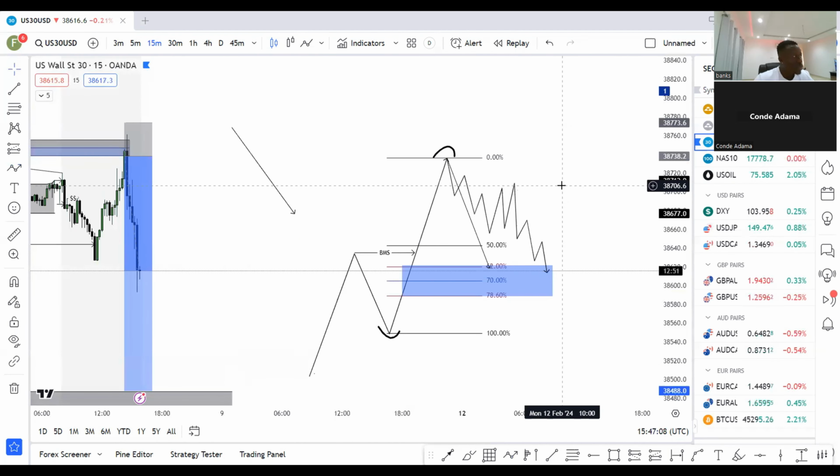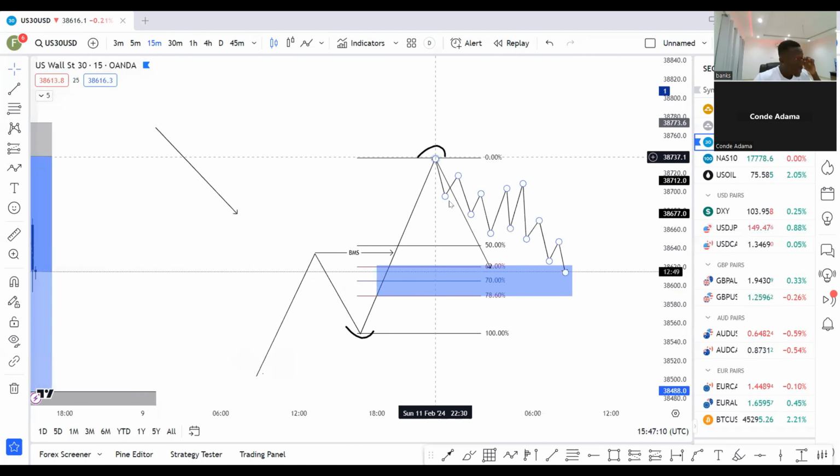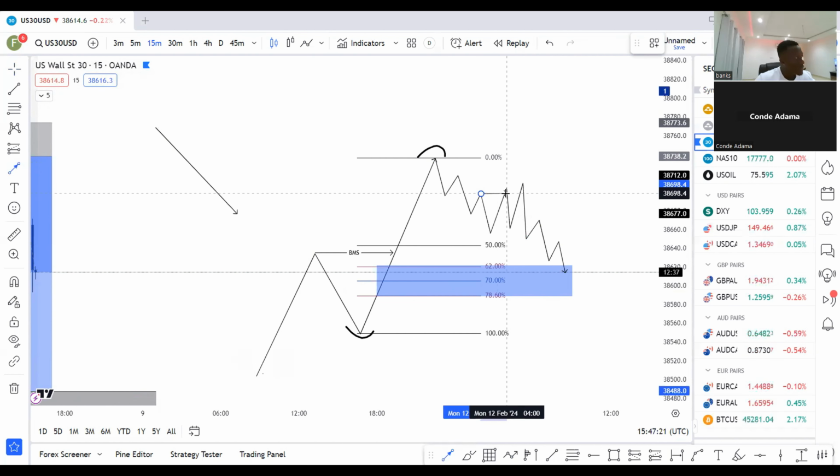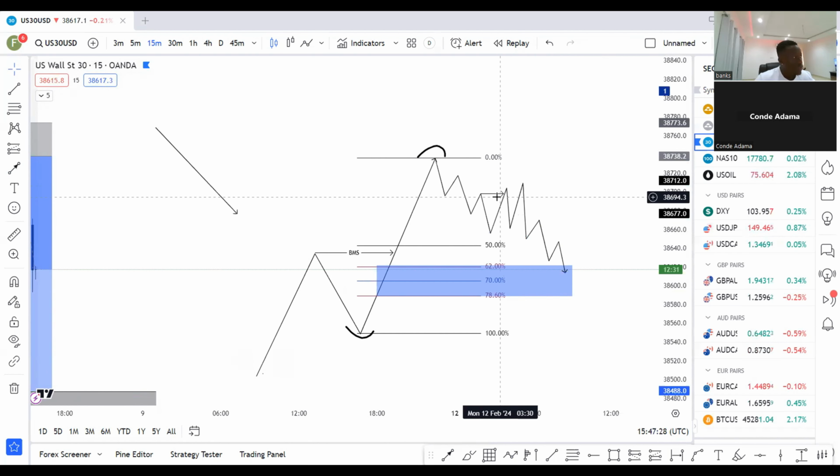The mistake most people make is this: when price was retracing from the top here, when price was retracing inside this premium level, what did we have here? We had this market structure shift, right? Can you see that? Yes. We had this market structure shift when price was pulling back.